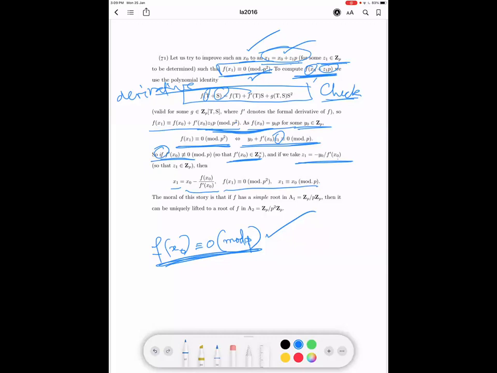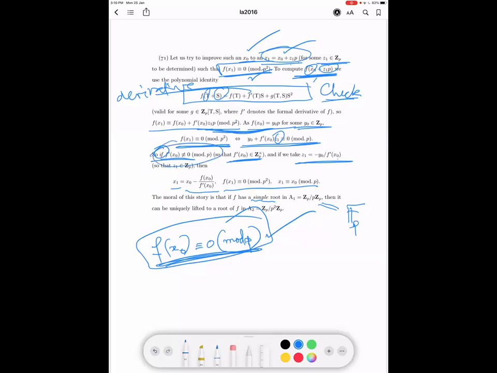Okay. So what this says is that if I have a simple root in Zp modulo p, which is Fp, right? If I have a simple root, what does simple mean? It's a root, but this x naught is not a root of the derivative.